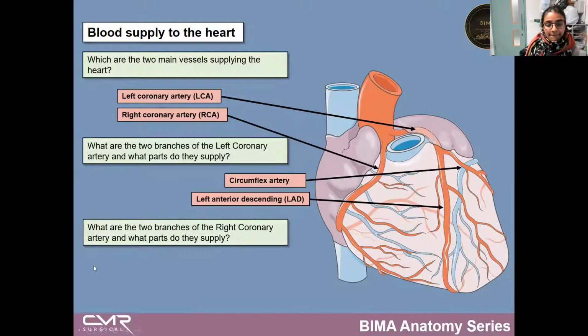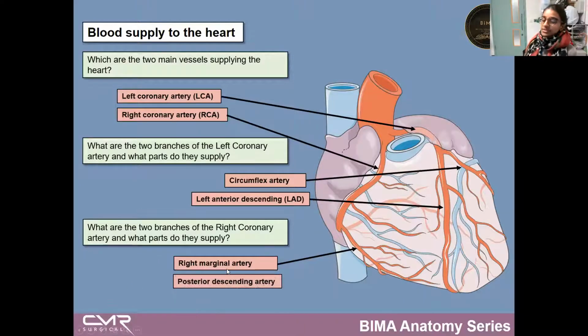Really good. Now, what are the two branches of the right coronary artery and what parts do they supply? This is a bit more of a difficult question because I feel like these arteries aren't really spoken of a lot. The right coronary artery branches into the right marginal, which comes down and supplies the right ventricle.